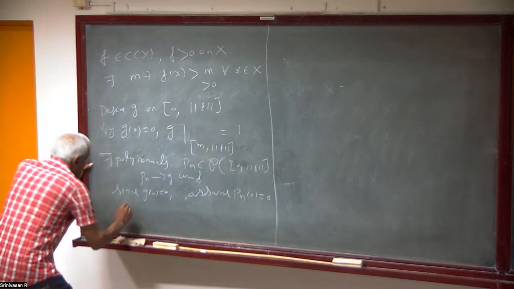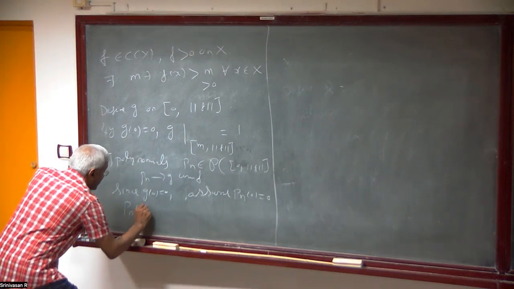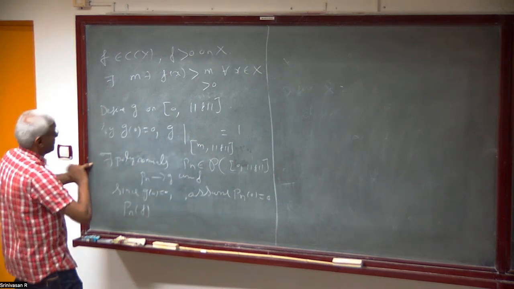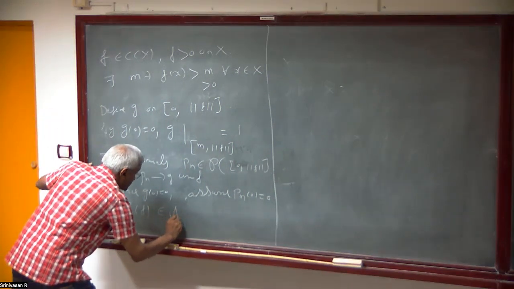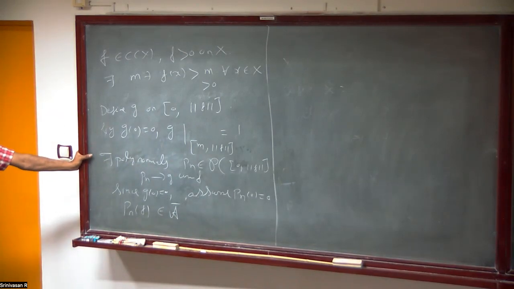Because it does not have a constant term, if you apply Pn to our original f, that is in A closure. A is an algebra, and A closure is an algebra because multiplication is continuous, all that. So Pn of f is in A closure.